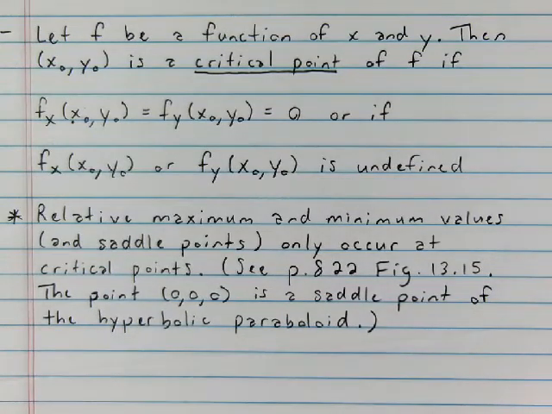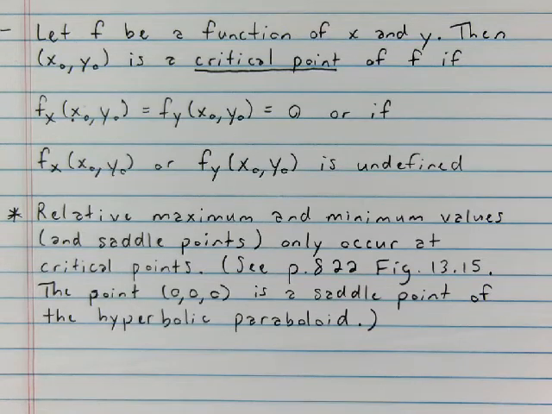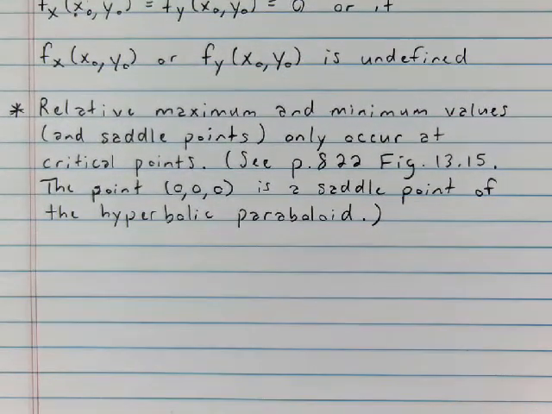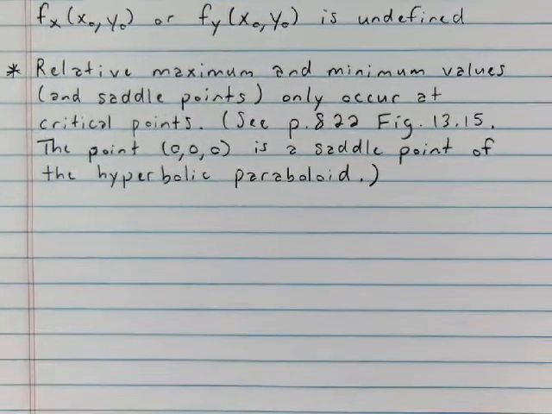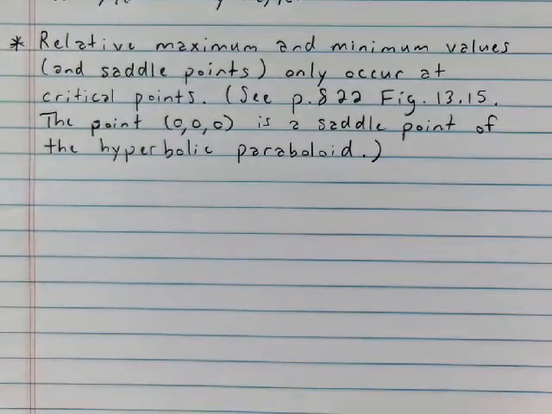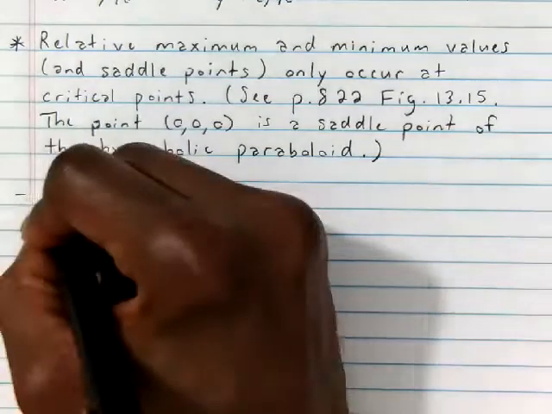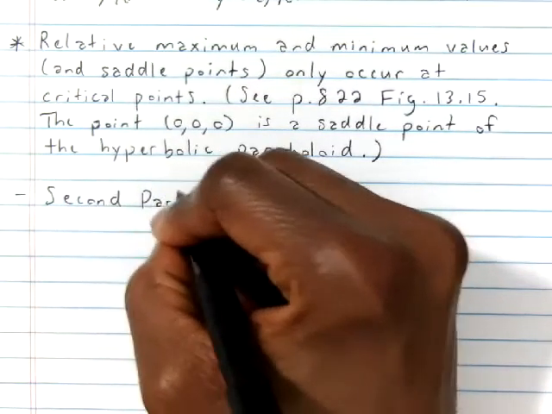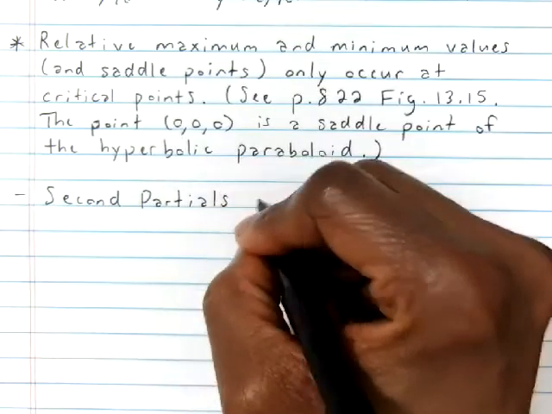All right, so now how do we go about determining whether a critical point is a relative max or min or a saddle point? We use what's called the second partials test.